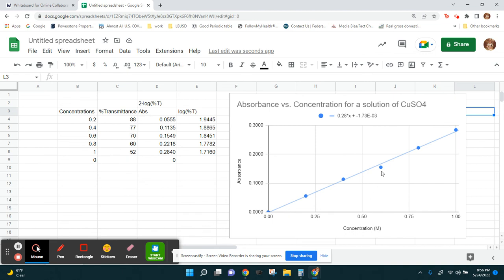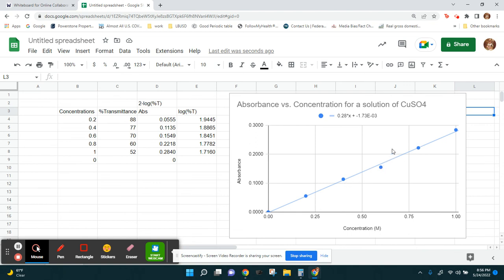Some people say, why don't we just take one point and make a line between that and the origin? But the reason you don't is because there might be error in one. See how this one's a little bit off the line. So is this one. Some of them are on the line, some are just a little bit off. If you went from 0 through this one, the slope might be a little different.